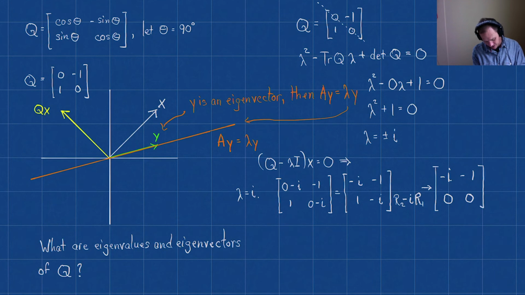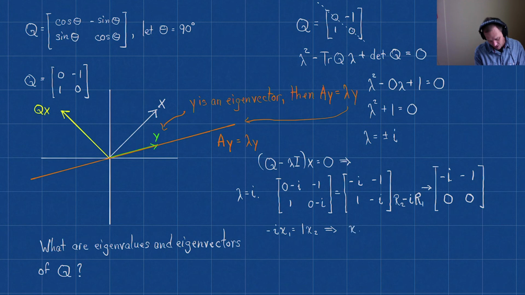And look at what this tells us. This says that minus i times x1 equals 1 times x2. Let's multiply both sides by i. Then I times i gives me 1, and minus i times i gives me 1.